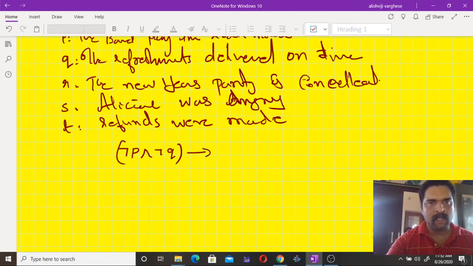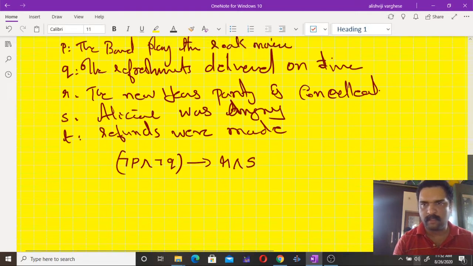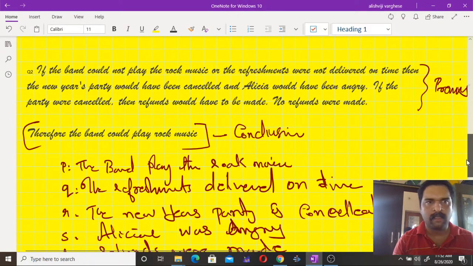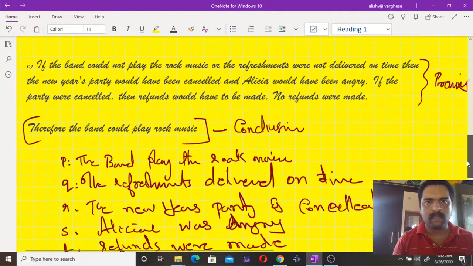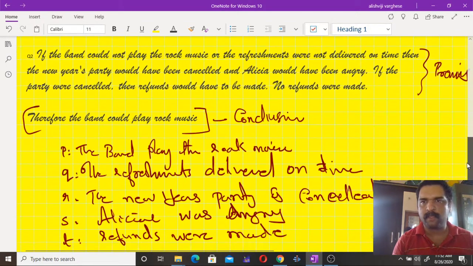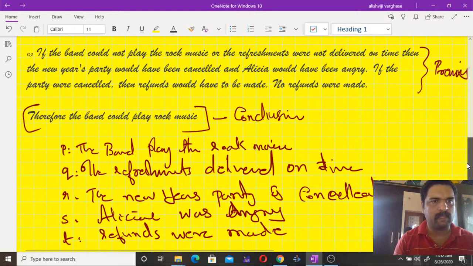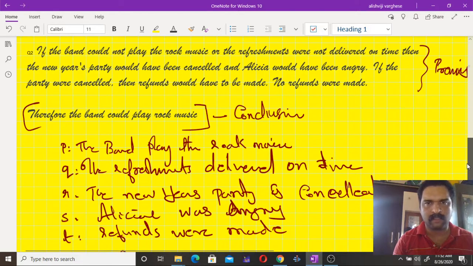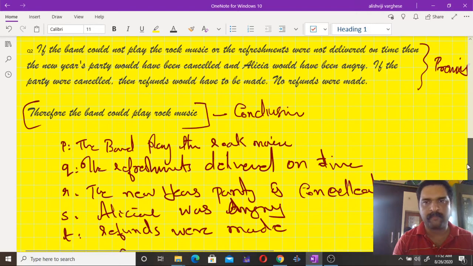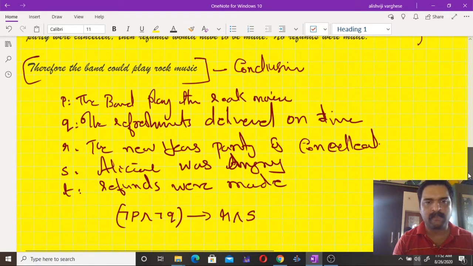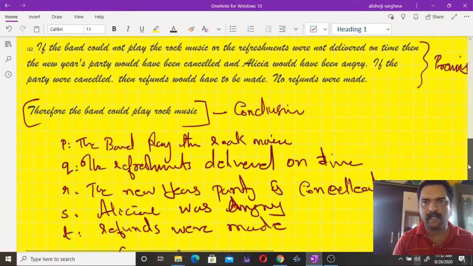This implies one thing is the New Year's party is cancelled, that is R, and second, Alicia would have been angry, so R and S. So that's our first sentence. If the band could not play the rock music or the refreshments were not delivered on time, then the New Year's party would have been cancelled and Alicia would have been angry. That is expressed as negation P or negation Q implies R and S.